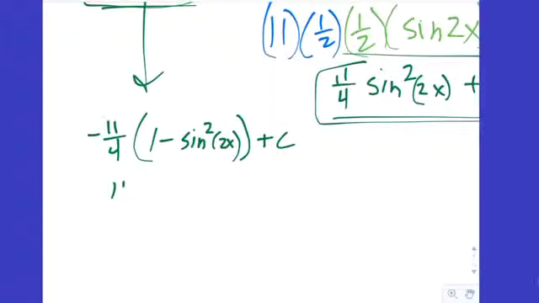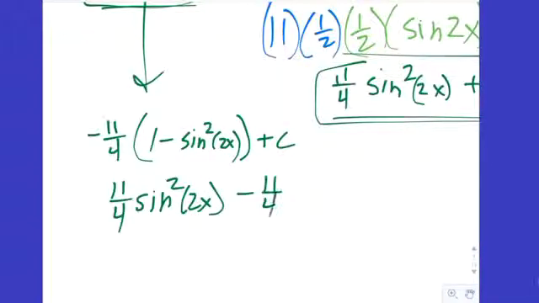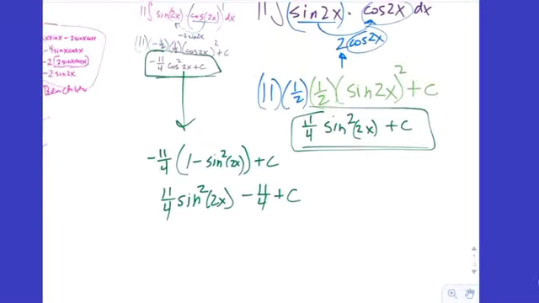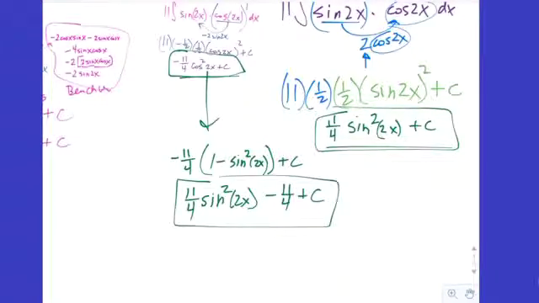If we then distribute, we get positive 11/4 sine squared of 2x minus 11/4 plus c. And now if you compare this one to that one, you can see that they do only differ by negative 11/4. So we just showed it.